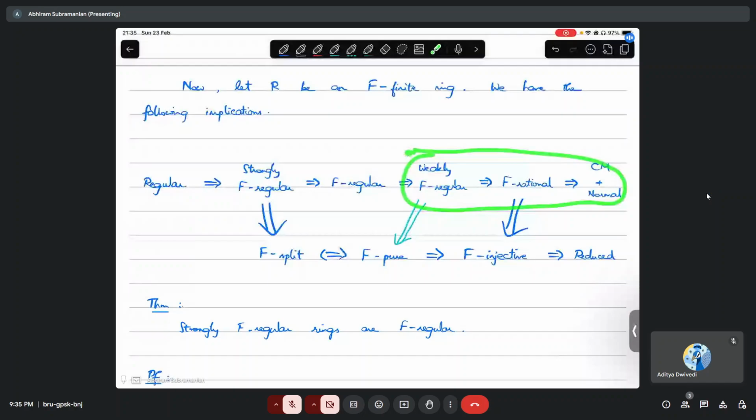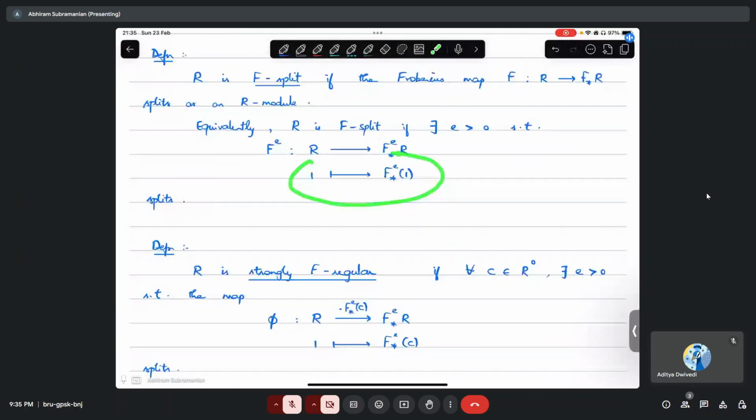In particular, if you put c equal to 1, you get the condition that 1 to F^e_* 1 should split. That is the definition of F split. Therefore, strong F regularity implies F split is clear.